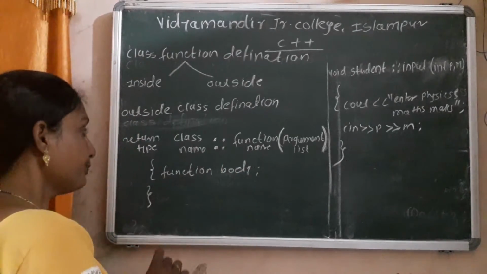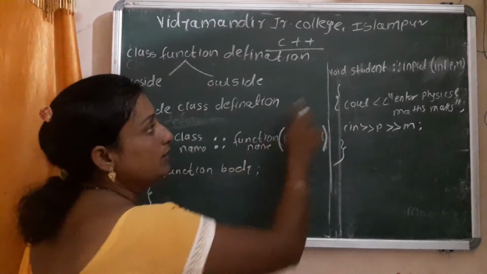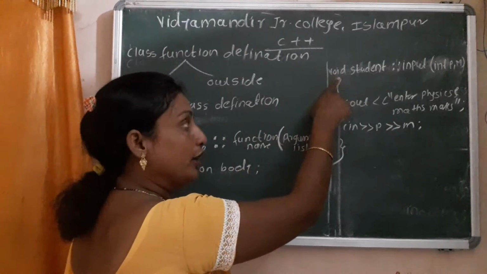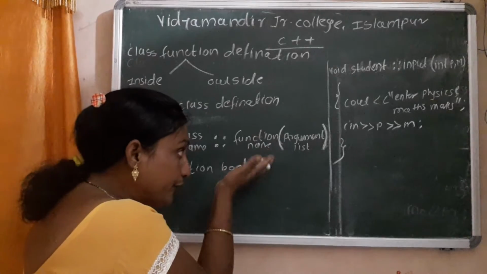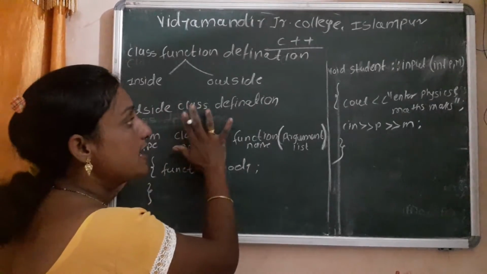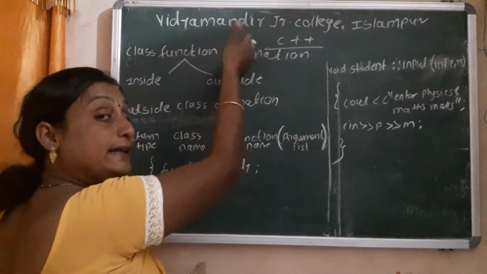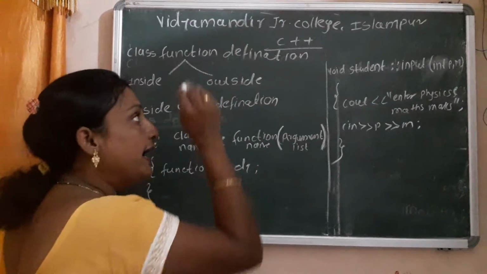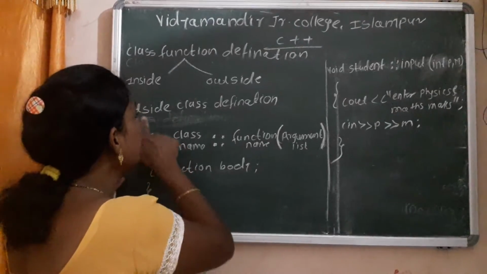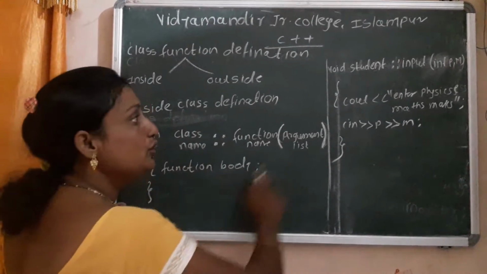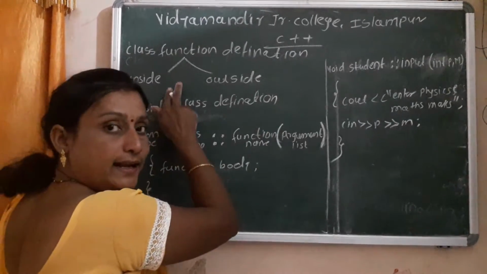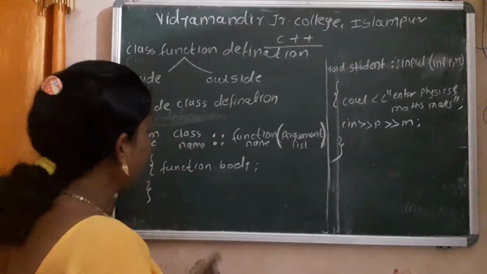For example, for the return type I write void. Before the outside class definition, we write the class declaration, and after that, when we want to define a function outside a class, we use this method. Otherwise we use the inside class definition method.